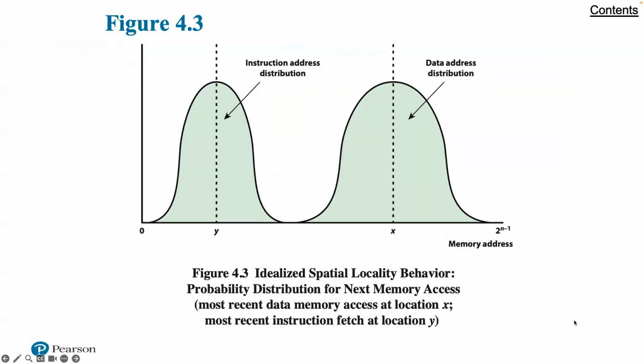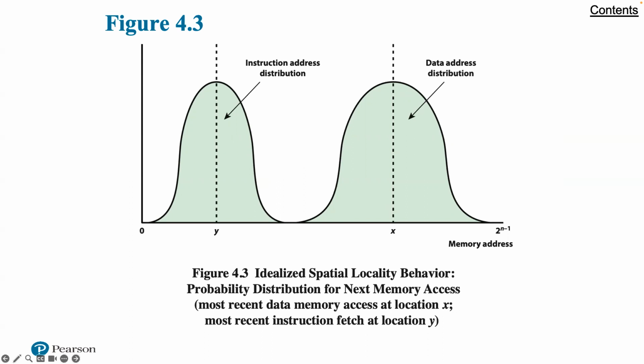Now in figure 4.3, we have a rough depiction of the behavior of programs that exhibit spatial locality. For spatial locality, the probability distribution curve is symmetric around the location of the most recent memory access address.